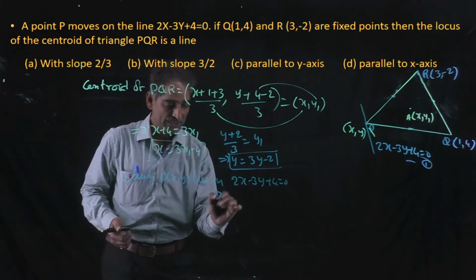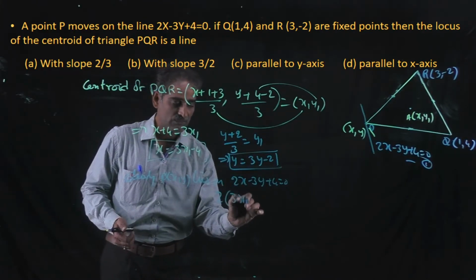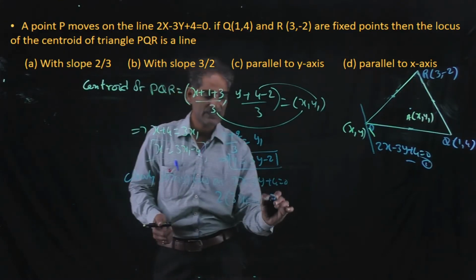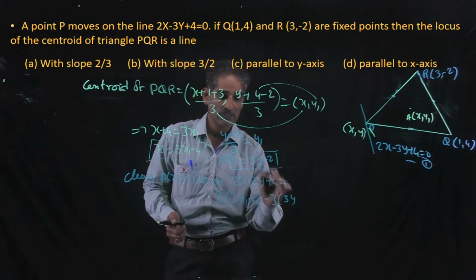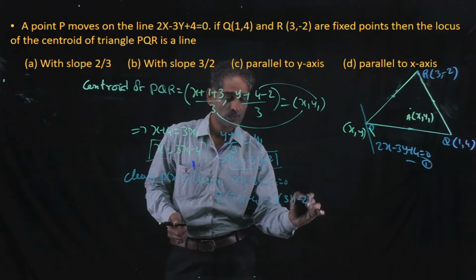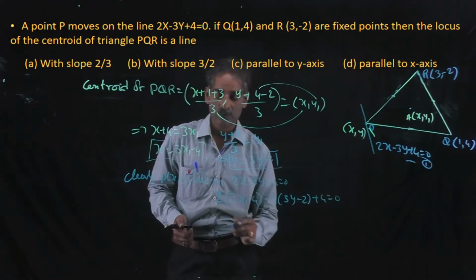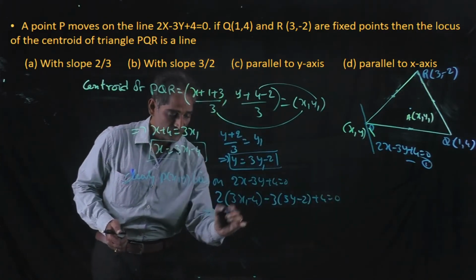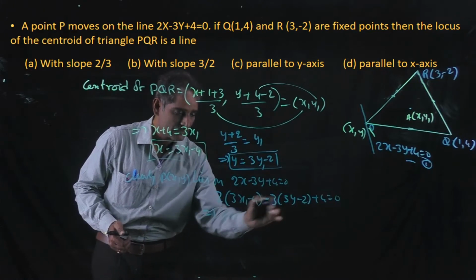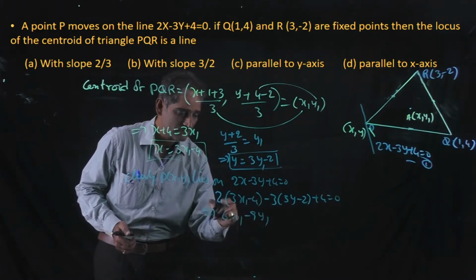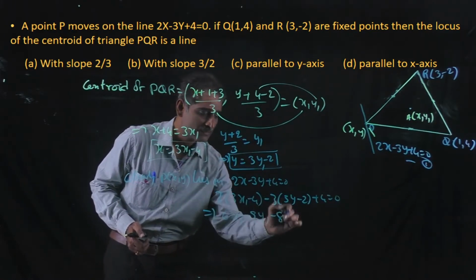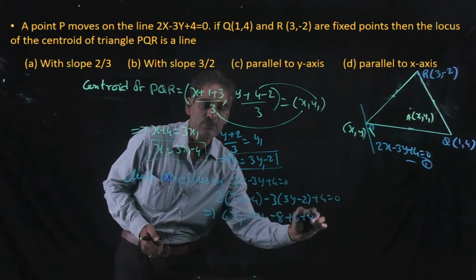So 2(3x1 minus 4) minus 3(3y1 minus 2) plus 4 equal to 0. After that, we will get 6x1 minus 9y1 minus 8 plus 6 plus 4 equal to 0.